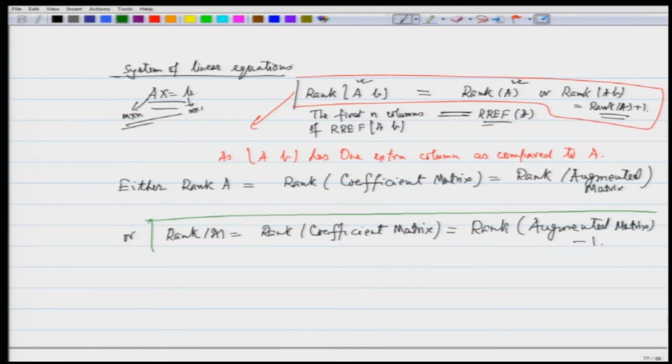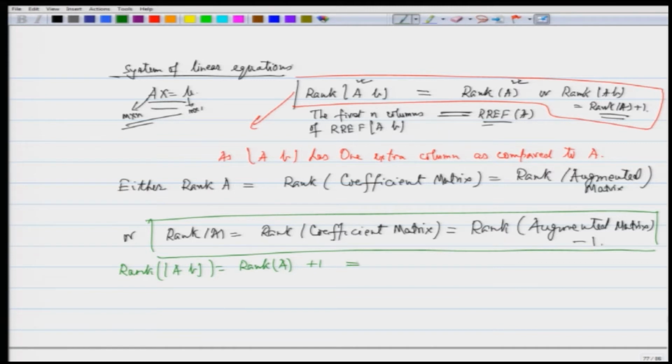So, let us look at this case first, when the rank of augmented matrix is rank of A plus 1, all right. So, when I say that rank of augmented matrix is rank of A plus 1, what does it mean? All right. It means that this will imply that there is a pivot in the n plus 1th column.